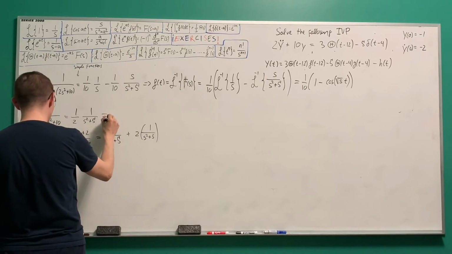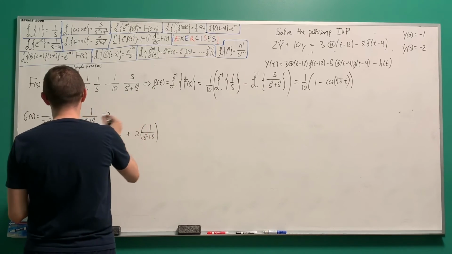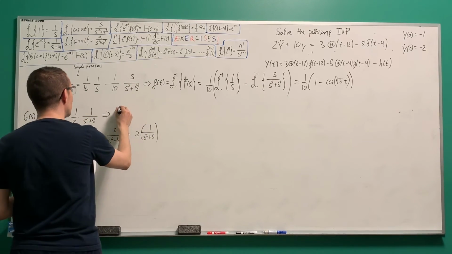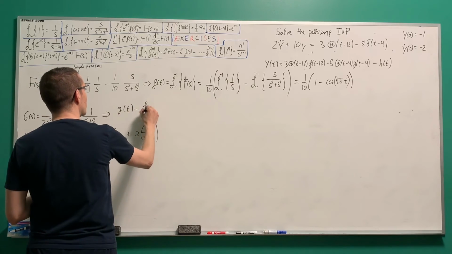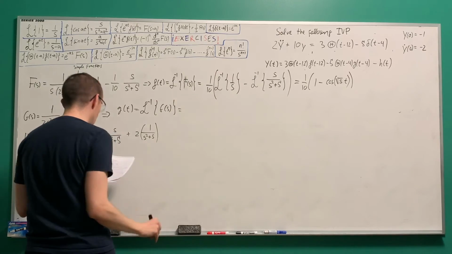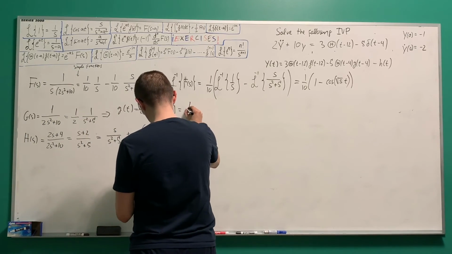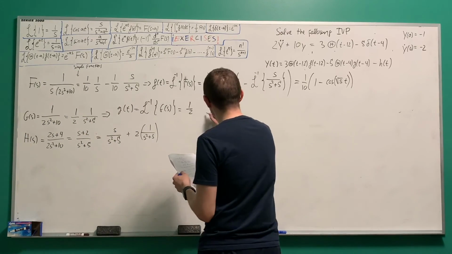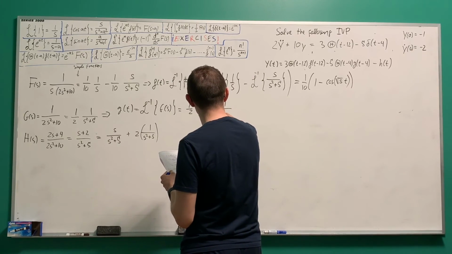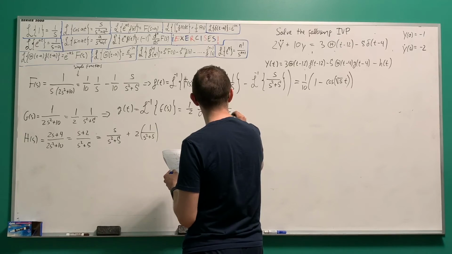Now we do the same with the G, right? So for the G I just took a factor 2 out. So G of t is the inverse Laplace of capital G of s. All right, and that thing is 1/2 inverse Laplace of 1 over s squared plus 5.